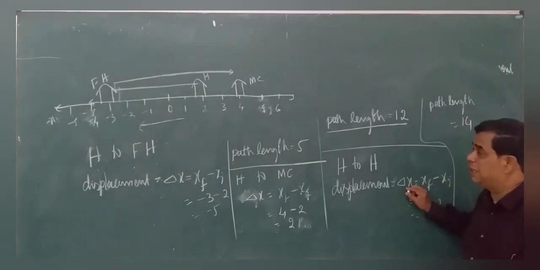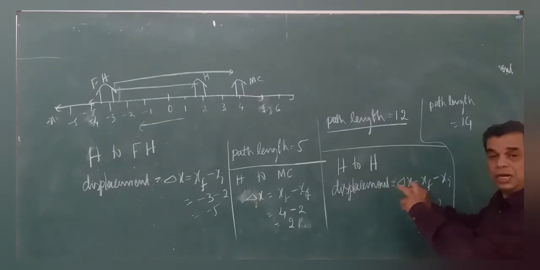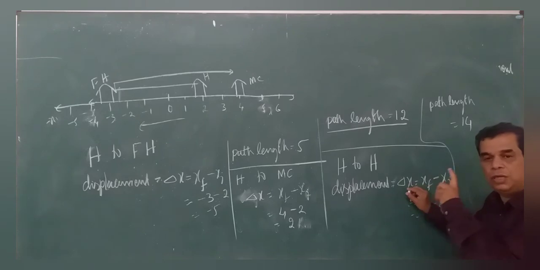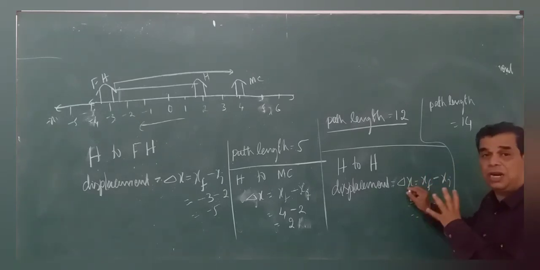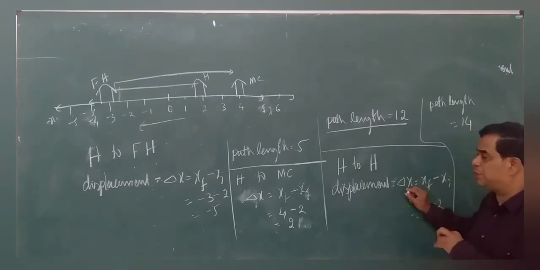So with this idea, now you learnt how to calculate displacement and how to calculate path length. For path length, you are supposed to really count how many kilometers or how much distance you traveled. But displacement is not like that. It is just final position minus initial position.